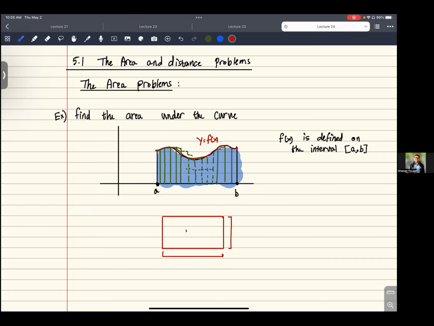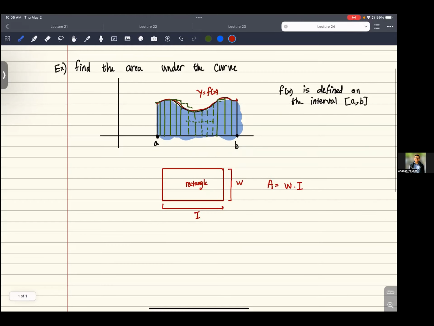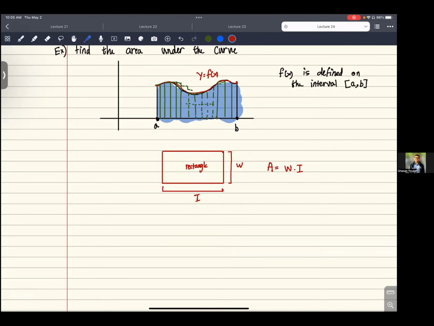So if I call the height W and I call the width I, then the area of this rectangle is W times I. Okay, W times I. If I go back to the example before, all the rectangles here have the same width.